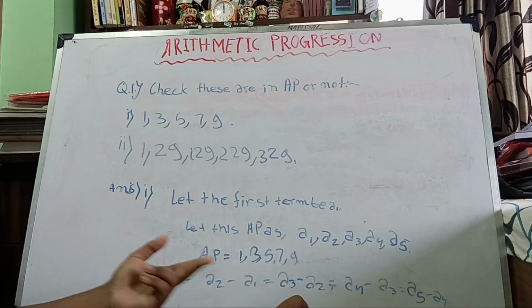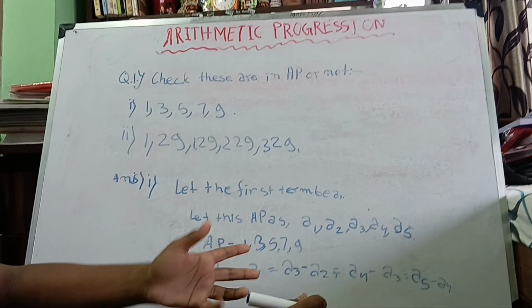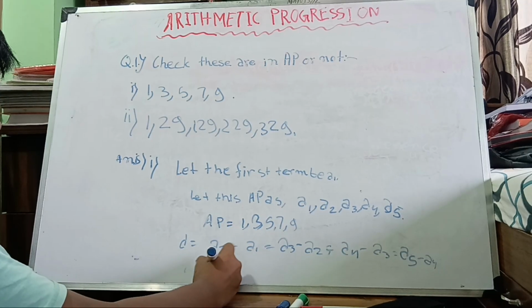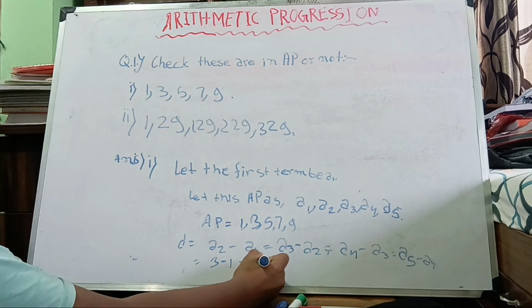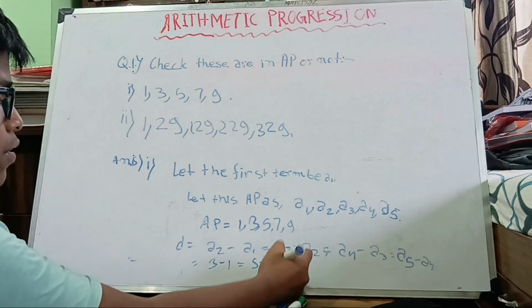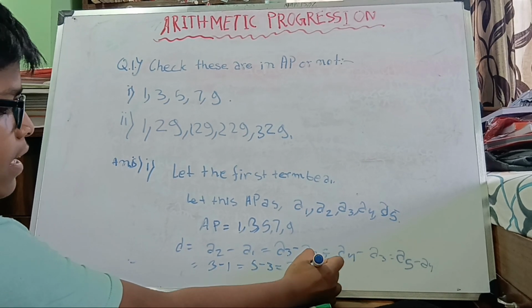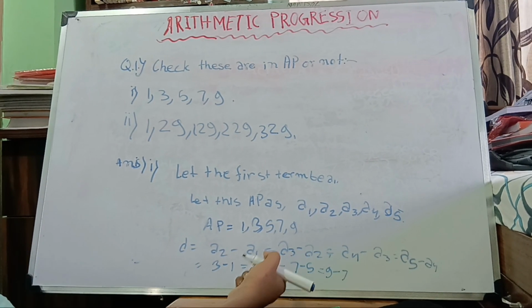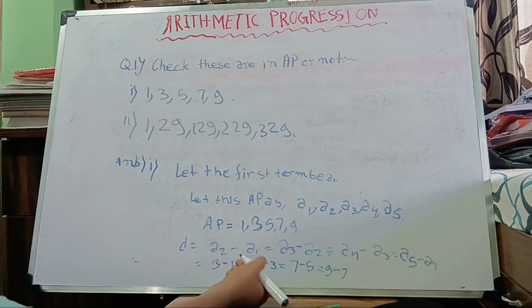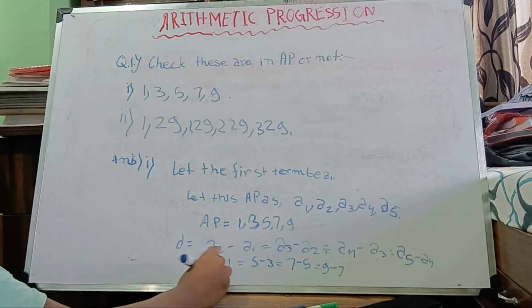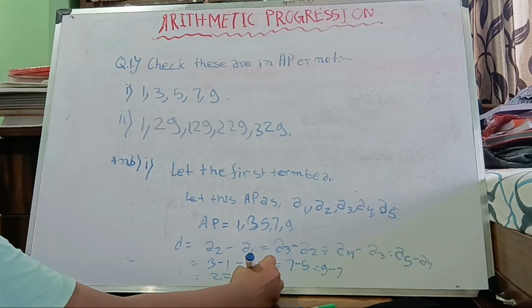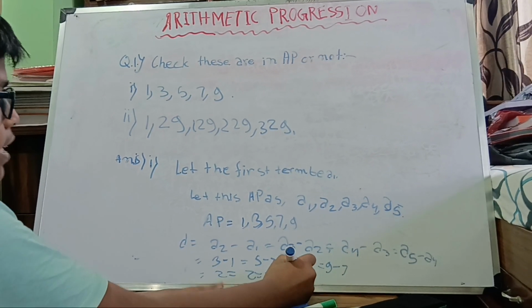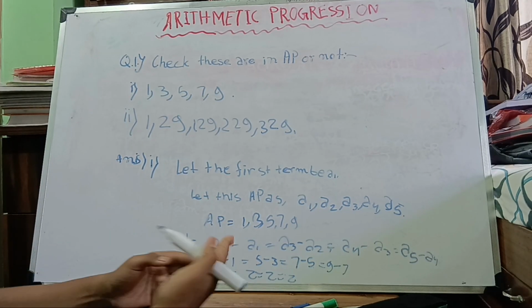If these are equal, then this is an AP. If these are not equal, this is not an AP. So 3 minus 1, 5 minus 3, 7 minus 5, and 9 minus 7: 2 is equal to 2 is equal to 2 is equal to 2. Then d is the same for every case.